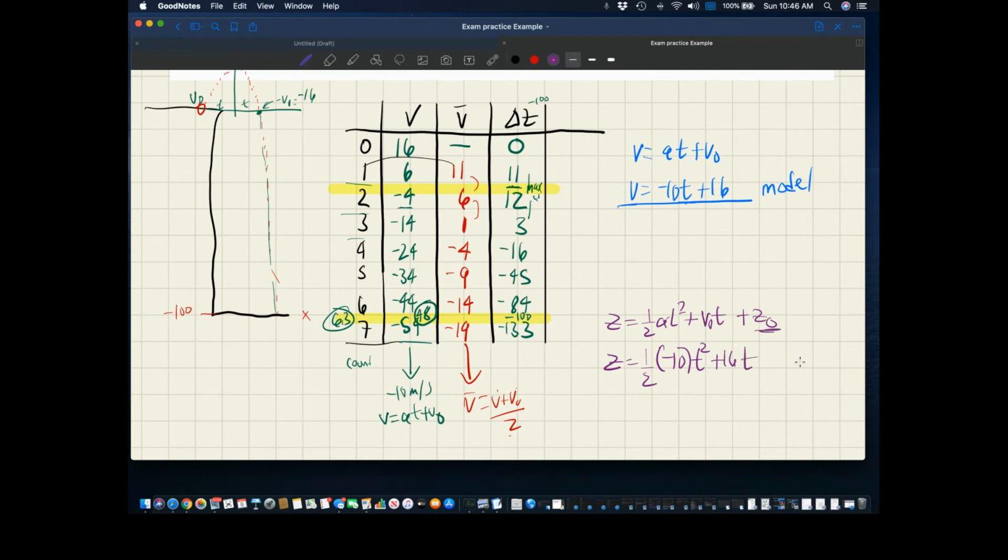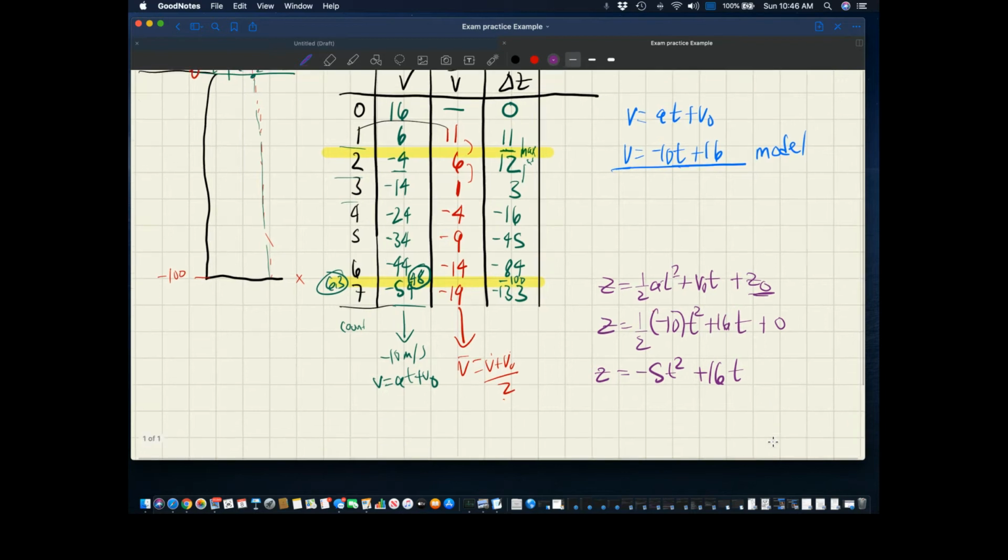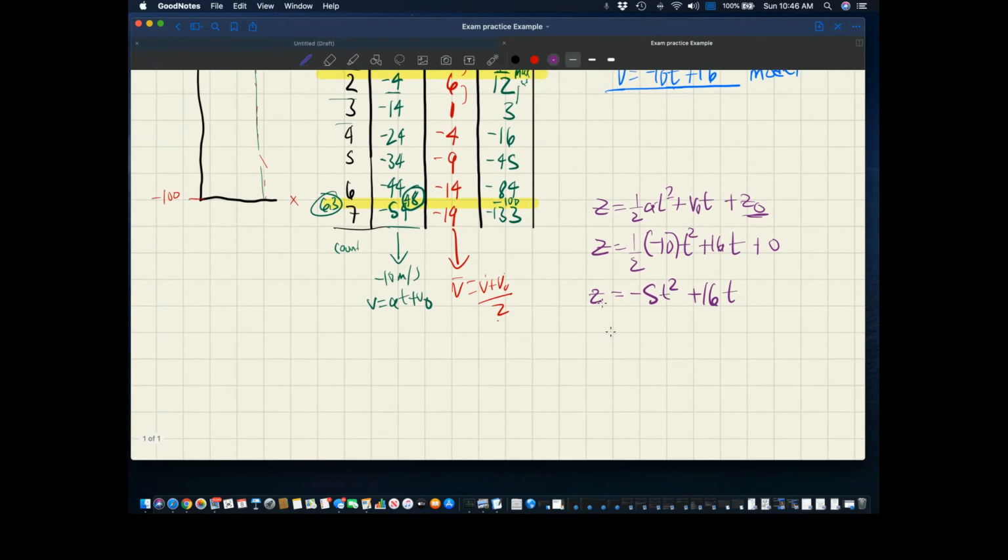And our initial position we set at 0. So we have a model of minus 5t squared plus 16t. And so that is the position of the rock. The position of the ground is minus 100.